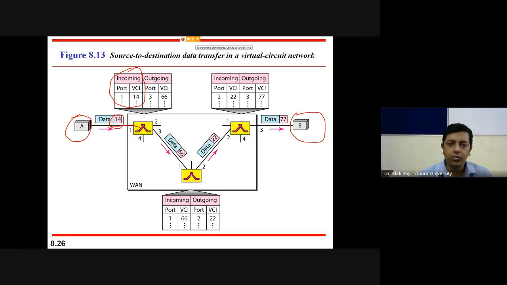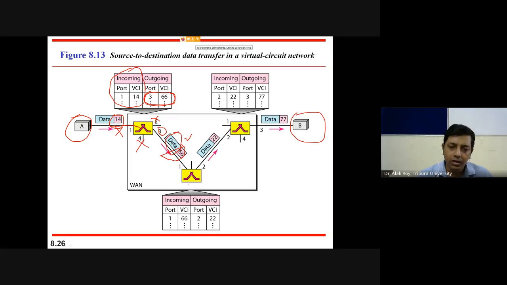Then output is only possible through 3, and the identifier used will be 66. So port number 3 is selected. With data it will append the VCI as 66, not 14. 14 is discarded and 66 is appended.